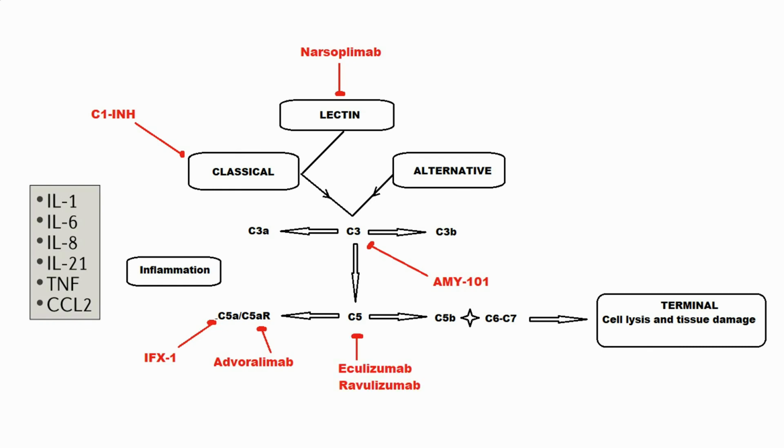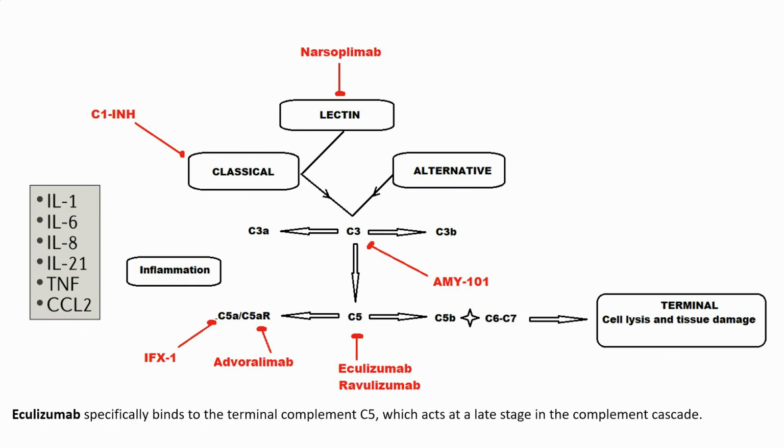And the last drugs for this cascade are eculizumab and ravulizumab, which mainly can prevent the activation of the C5. In this case, the cell lysis will be completely stopped, and opsonization will also be partially stopped. And ravulizumab is the same. It is a humanized monoclonal antibody for the prevention of the complement system.